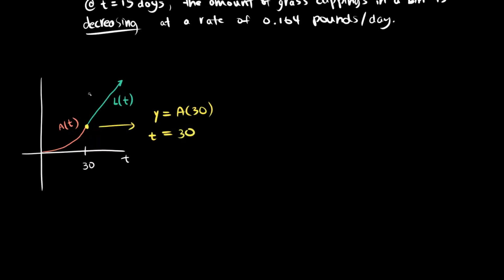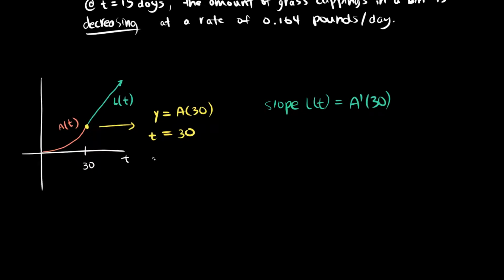Now for the slope, if we look at this graph, we can see that the line L of t seems to continue on from where A of t was at t equals 30. So in other words, you can think of it like the line L of t continues on with the same slope that A of t stops with. So we know that the slope of L of t is just equal to A prime of 30.